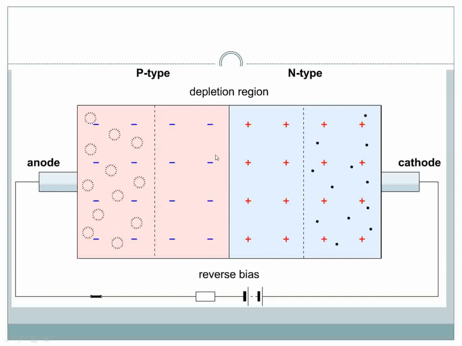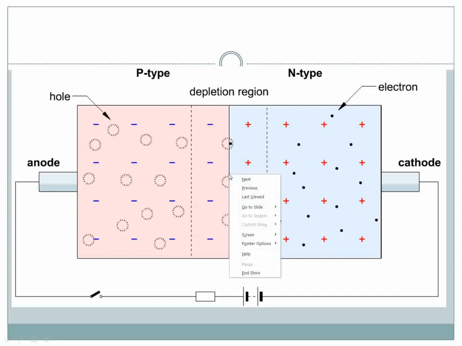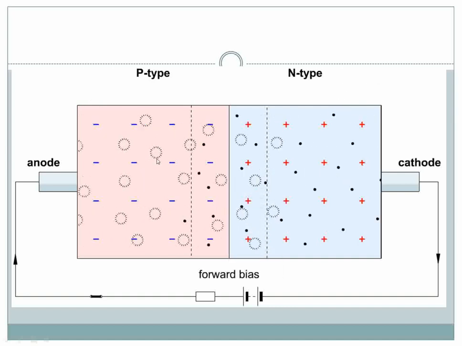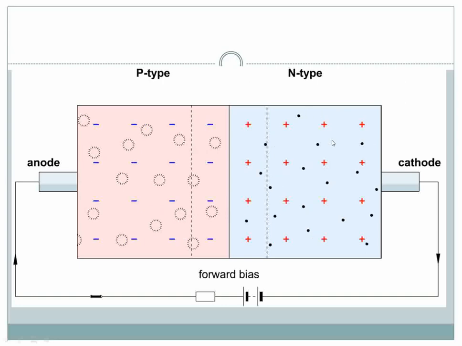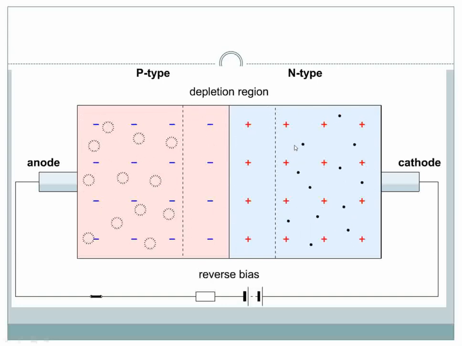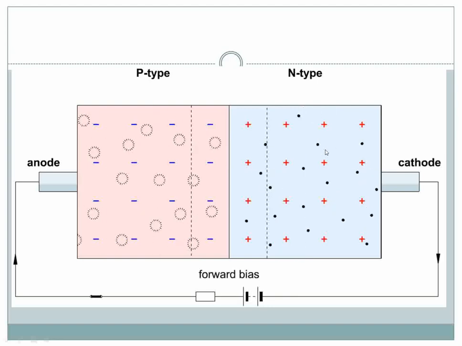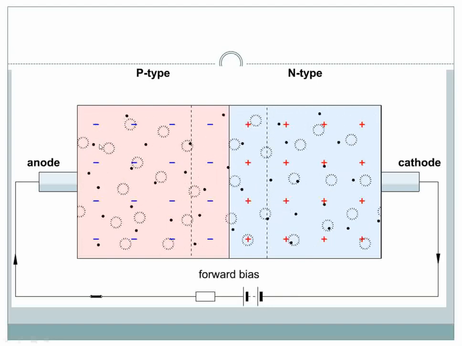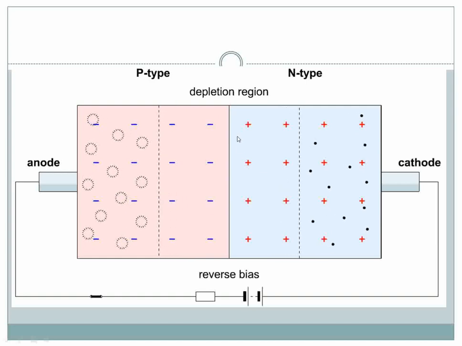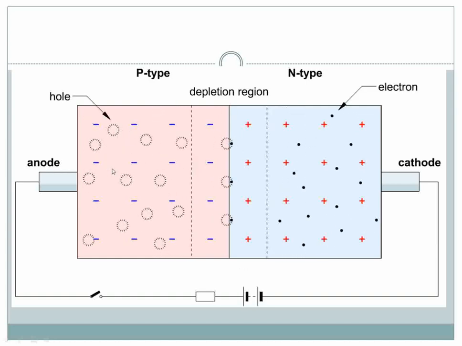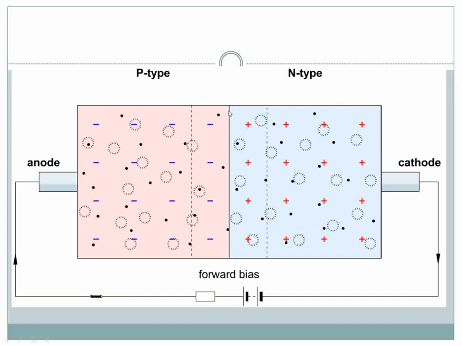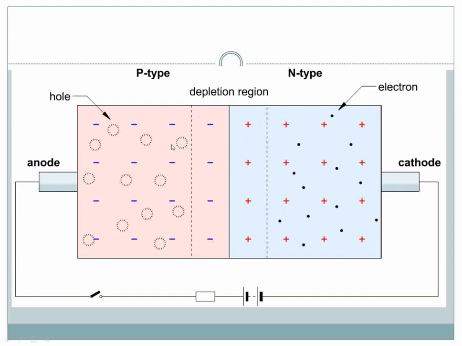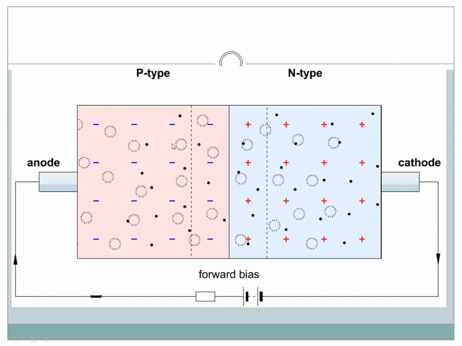In the reverse bias and forward bias, we can clearly see the holes and electrons. These are holes, moving towards the n-type material. In n-type material, the majority charge carriers are electrons, moving towards the anode side, so that conduction proceeds. Because of this, the thin depletion region formed between the n and p type collapses, and this barrier is across the junction.